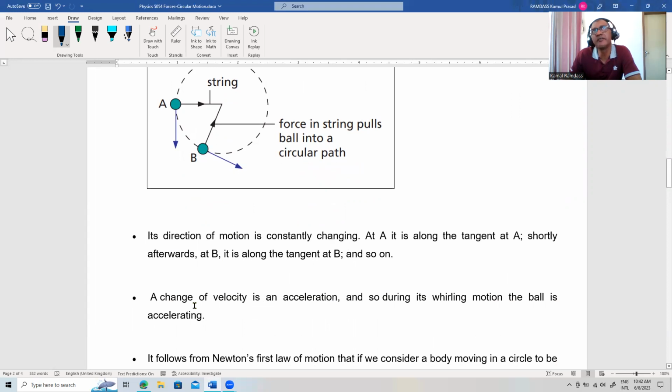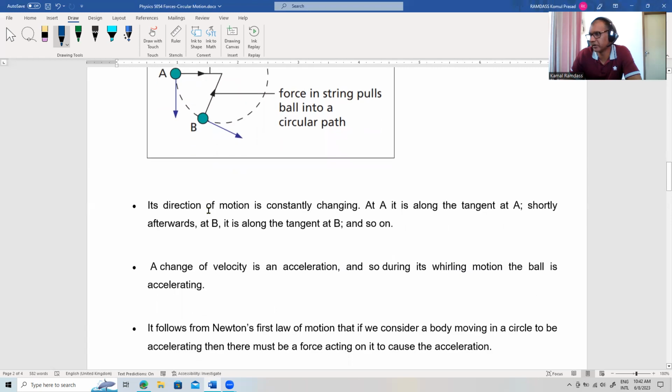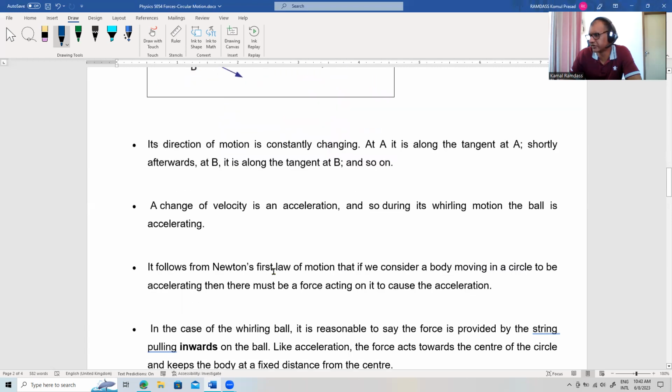A change of velocity, nous connaissons que a change of velocity is an acceleration. Ça veut dire, du moment qu'il y a un change of velocity, on peut dire qu'il y a an acceleration. So, during its whirling motion, the ball is accelerating. Okay? And it follows from Newton's first law of motion that if we consider a body moving in a circle to be accelerating, there must be a force acting on it to cause the acceleration.